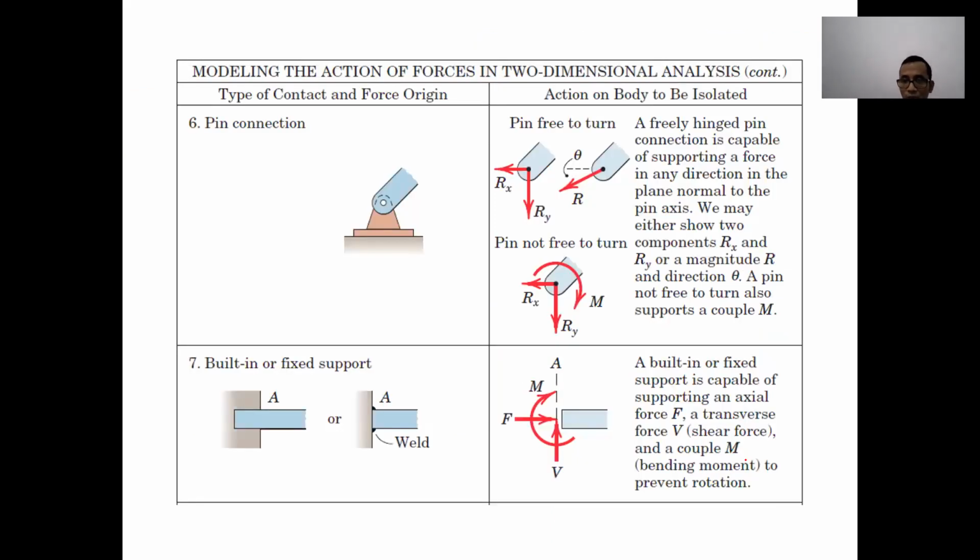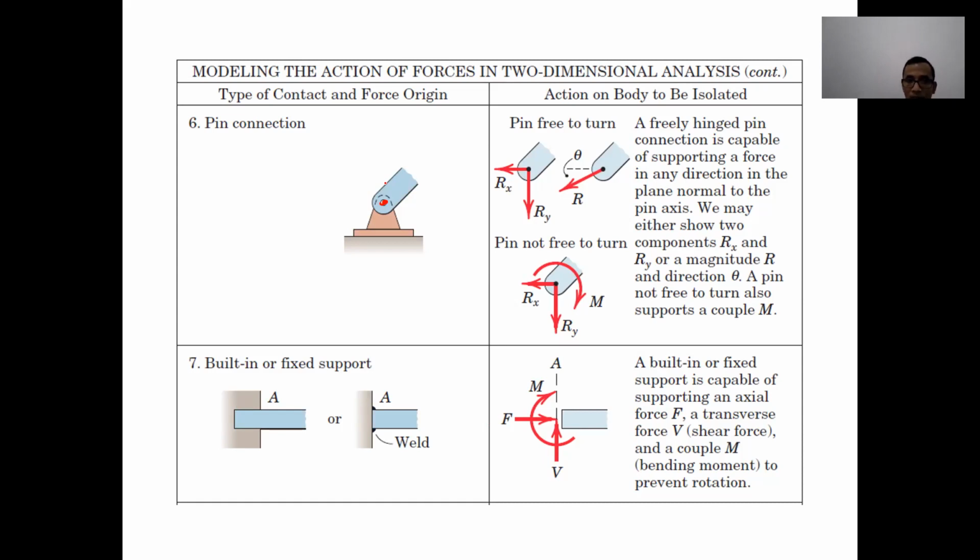Okay, now the next one is pin connection. Okay, pin. When we talk about pin, there are two types of pin. Okay, the first type of pin is when there is no friction in the pin itself. When there is no friction in the pin, which means that the pin will not be able to withstand rotational movement.